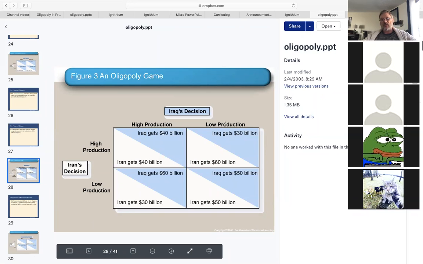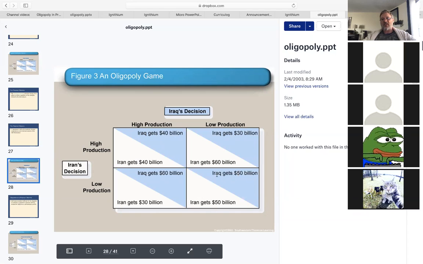If Iraq, in the other situation, chooses low production, Iran chooses between high and low. High of 60 is better than low of 50. So again, it's a prisoner's dilemma. There's a dominant strategy of high production. It's symmetric, so they both choose high production, and you get the Nash Equilibrium solution, which is they both end up with $40 billion in profits, and production is high.